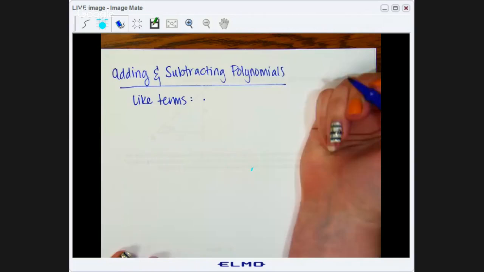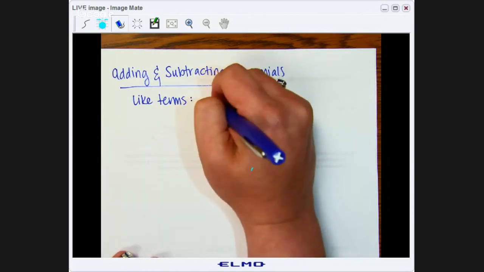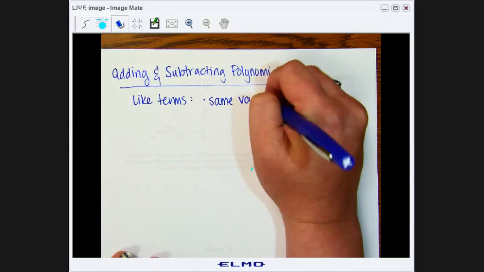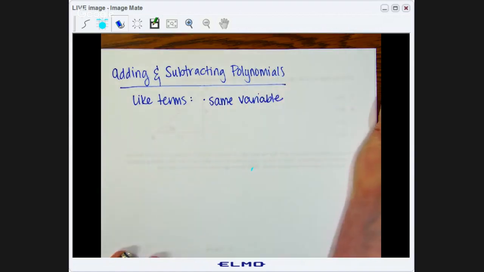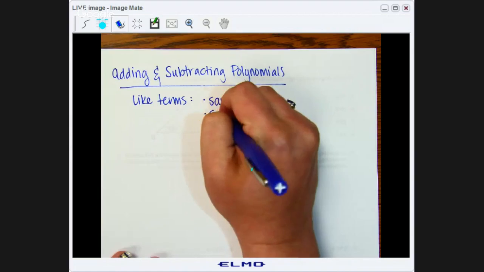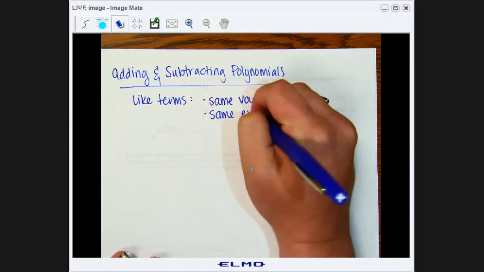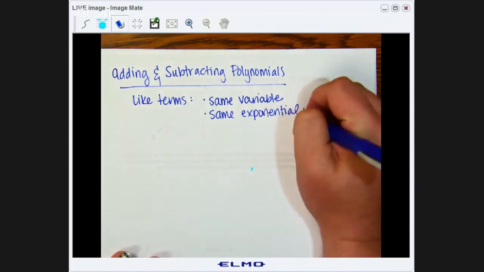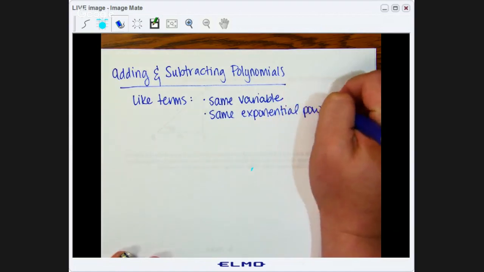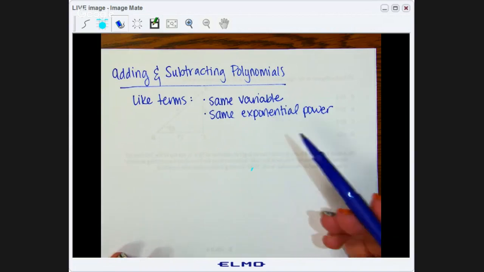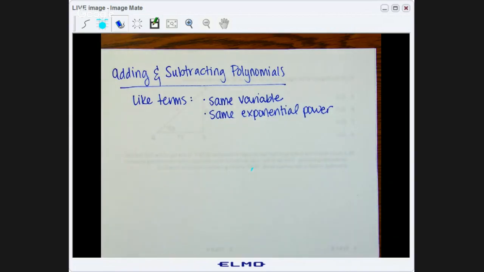The first is that they have to have the same variable, and they have to have the same exponential power. If our terms do not have the same variable and the same exponential power, then they are not considered like terms, and therefore I can't put them together.